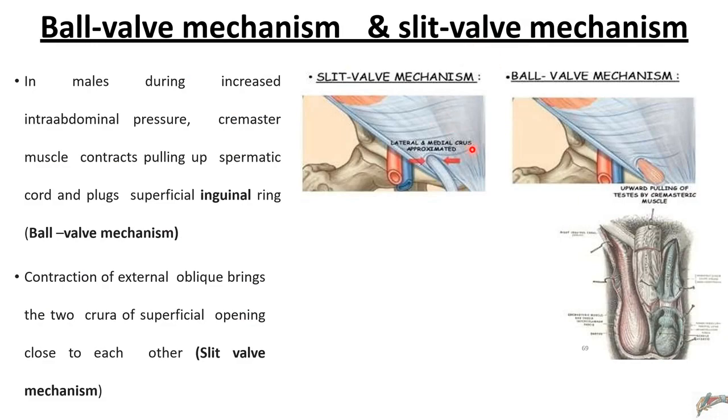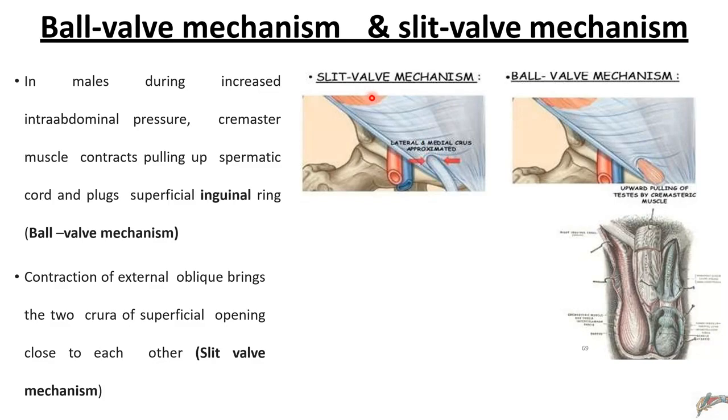You can use these images to understand. The slit valve mechanism can be appreciated here. Remember, we have the superficial inguinal ring, which has the lateral and the medial crus.